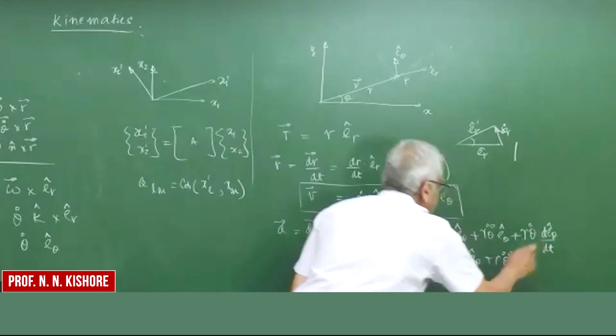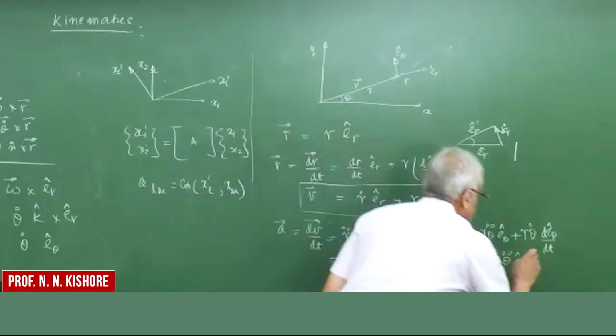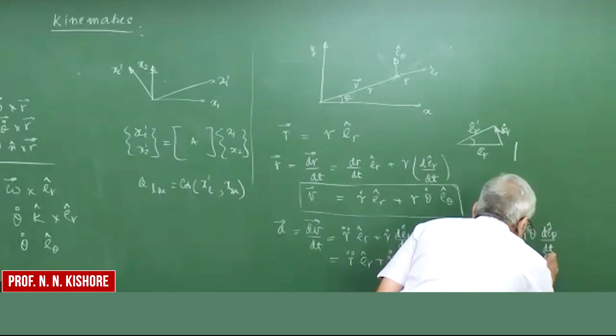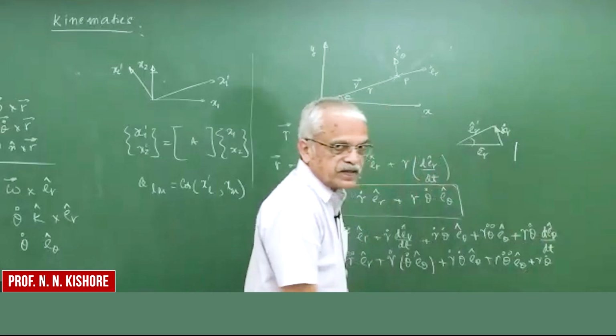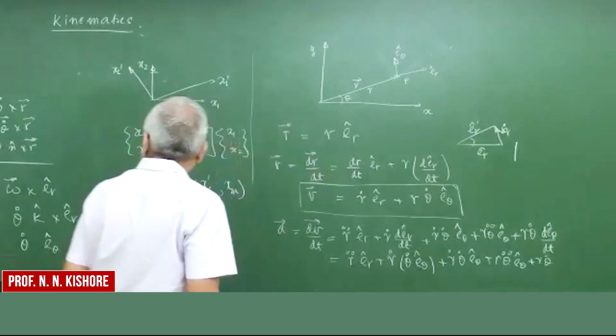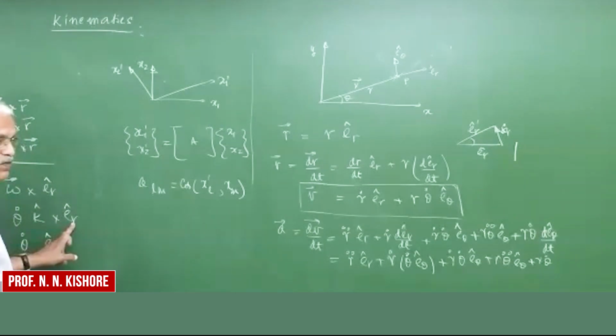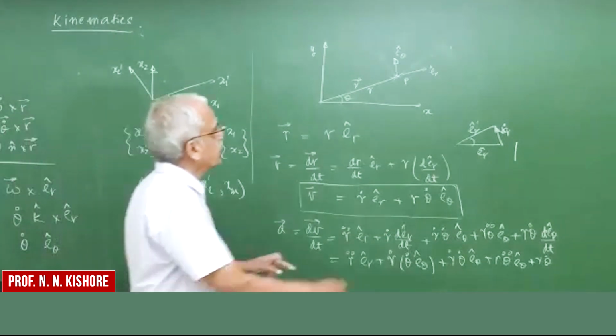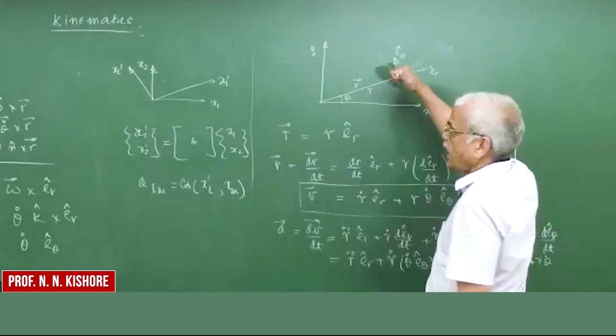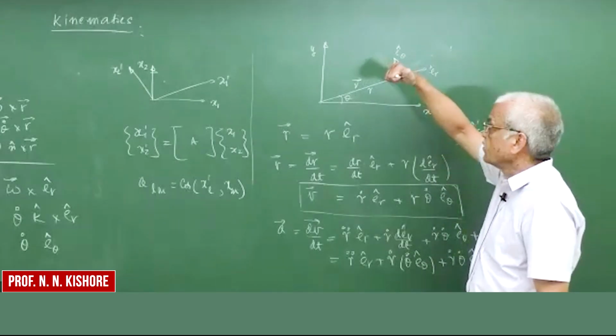So what is the last term here? r theta dot. What is d e theta by dt? Again here, it is nothing but theta dot k times e theta. So e theta is here and theta dot k is in this direction.